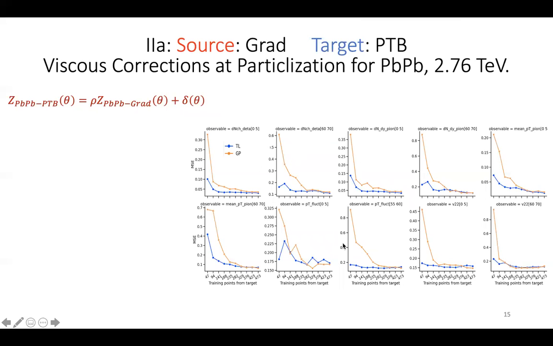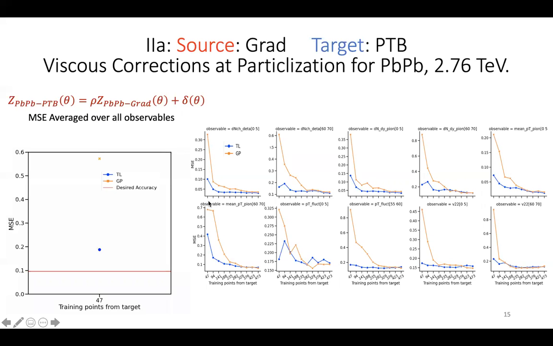Again, we are going to build 10 emulators for these 10 different observables, and we are going to use these two different emulation methods, the Gaussian process and the transfer learning. We are going to keep increasing the number of training points that we get from the target and compare the emulation accuracy scores between the two. On this left side plot, I show the averaged emulation accuracy over these 10 emulators.